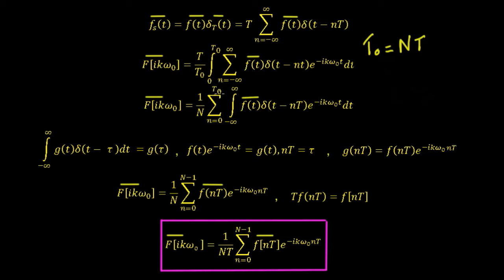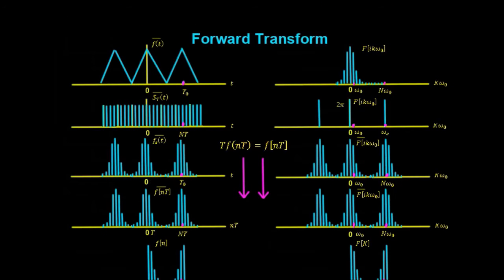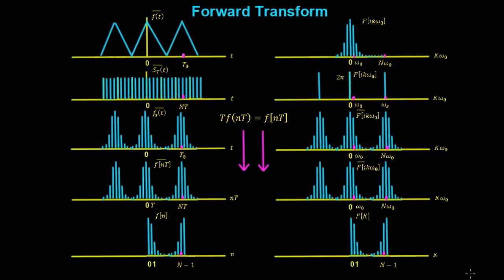So another thing to note in here is that we're going to introduce a new term, and this new term is going to be the factor of N. So this is large N. So let's go above and we'll see where we get the factor of our large N. We can see here that our value T naught is the period of this function of time, and the value small T is the period of the impulse train.